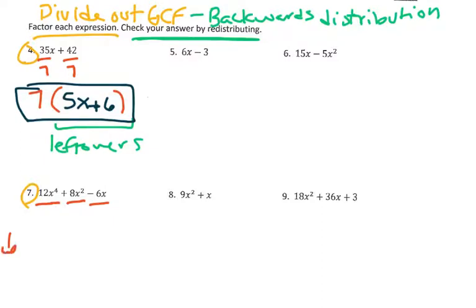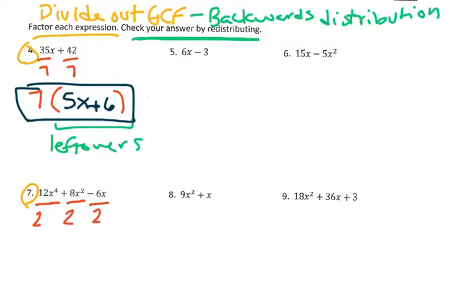So 6 has the factors of 1, of course, 2, 3, and 6. Once we have all of those factors, we just see which ones go into the others as well. 6 can't go into 8, 3 can't go into 8 evenly, and so the only thing that can is 2. Then we double check, does 2 actually go into 12? Yes, it does. So 2 happens to be our number that we can divide everything by.